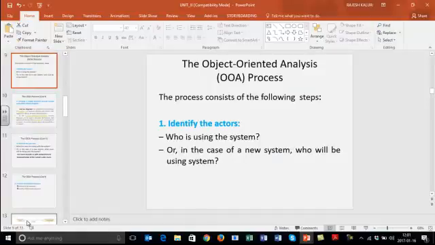So any system, as I told earlier, that may be banking or e-commerce or online purchase, or maybe library management system, medical, healthcare, or education, any kind of system, first of all we should know who are all the users. So when you want to design a system, you should know who are all the target audience or who are all the target users for that system to use.